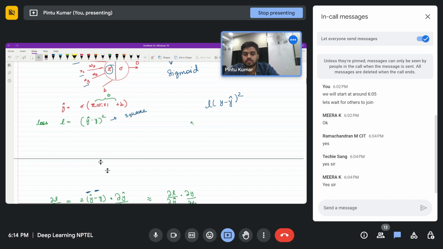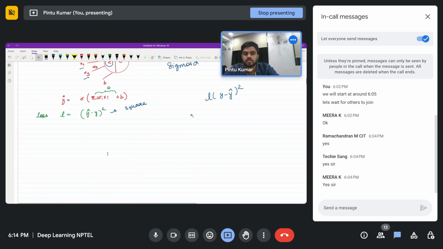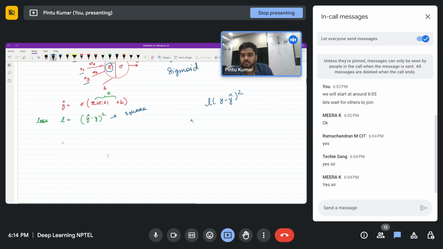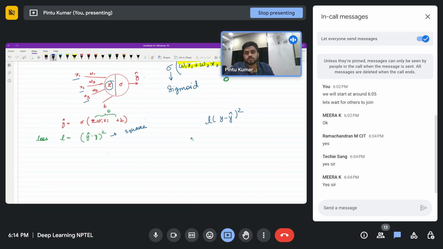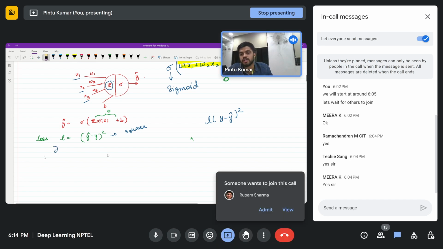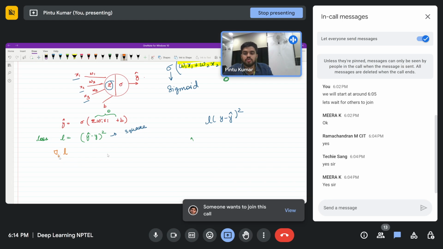My loss function that I'm given is y minus y hat squared. Now, if I have to update this using the gradient descent method, then I need to find the gradient of this L, and it should be with respect to W as well as B. So I should find del L by del W1, del L by del W2.